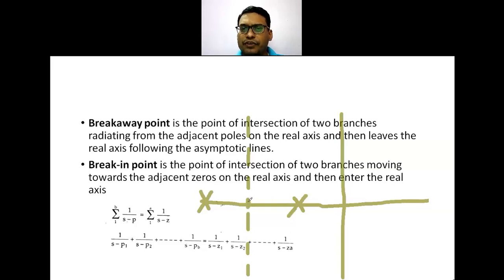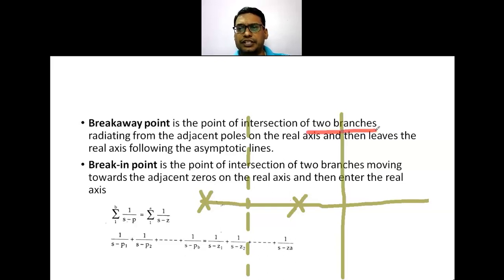From this center of gravity, the asymptotes will be there, and from each pole, what is it? The point of intersection of two branches.